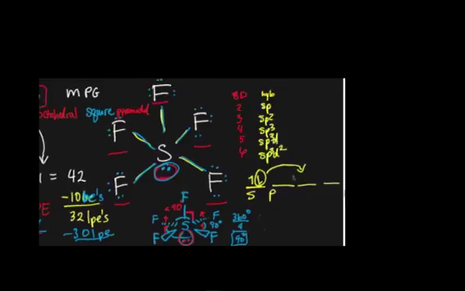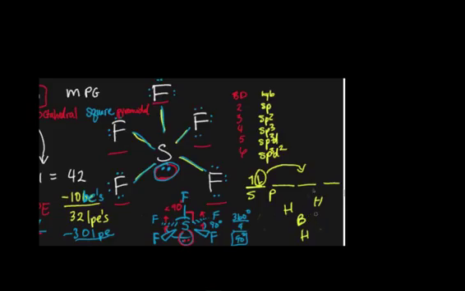So for instance, if I had BH3, it's sp2. Yes, that is correct, Shirley. Okay, so for this boron in the middle, boron has 3 valence electrons. So it's got 2 in the s and then 1 in the p.